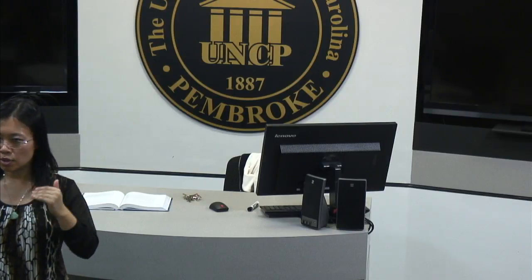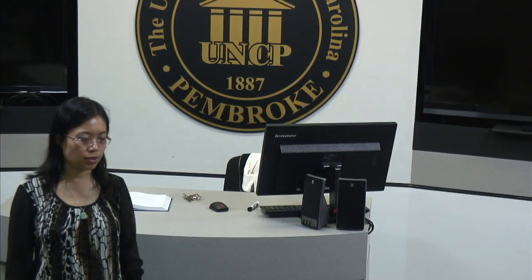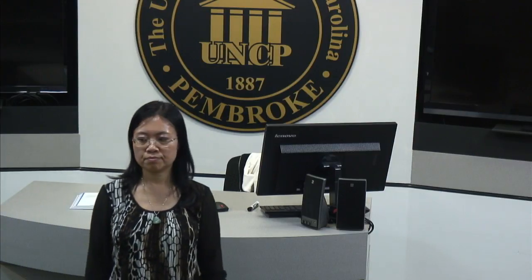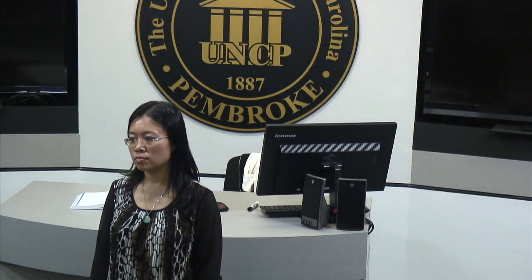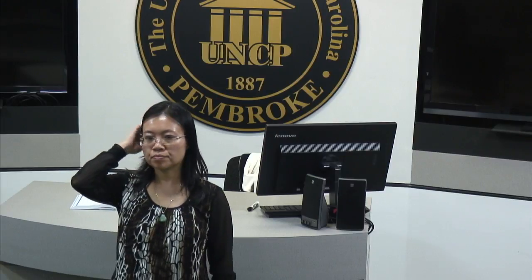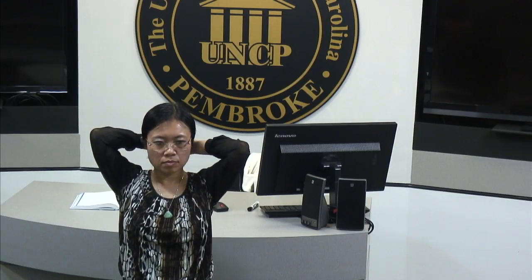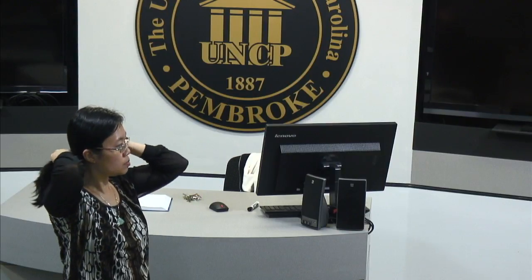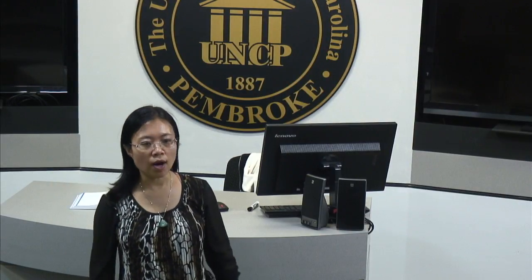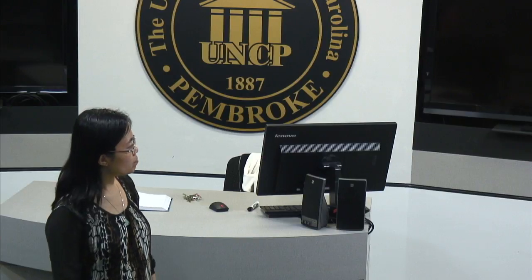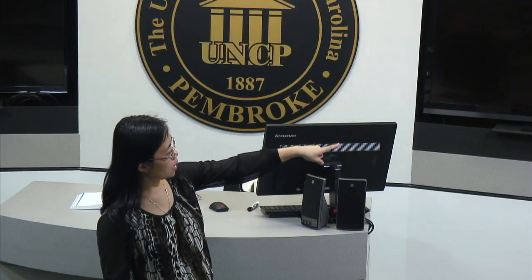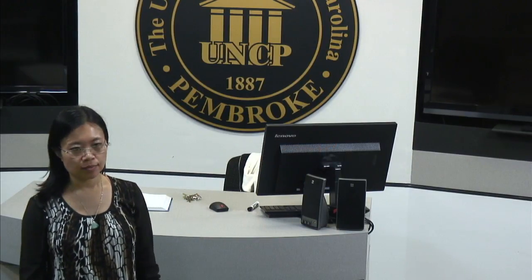So we reach what we call the long run equilibrium point. That point there is the long run equilibrium point, where the demand and ATC equal each other, and where the price is exactly equal to the ATC.